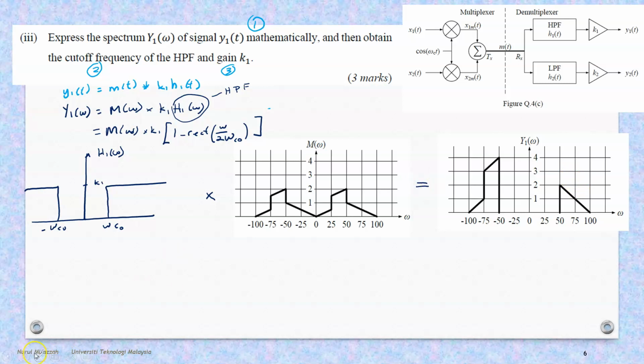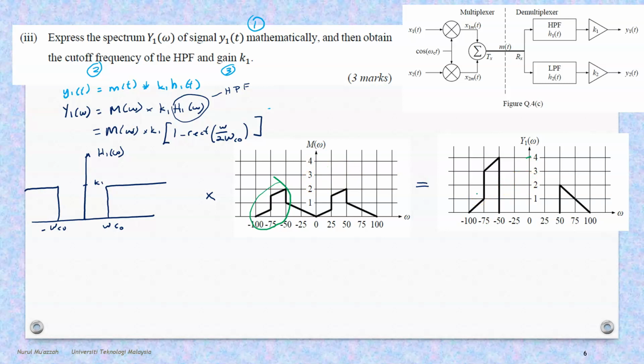We need to observe that M(ω) has the highest frequency of 2, and Y1(ω) has the highest frequency of 4. From here the shape is also consistent. What we have at Y1(ω) from M(ω) is this part.